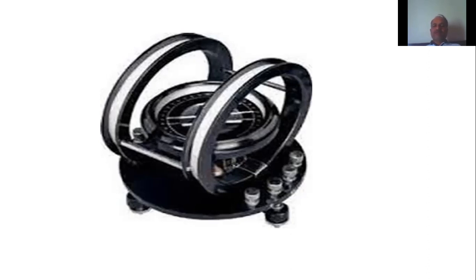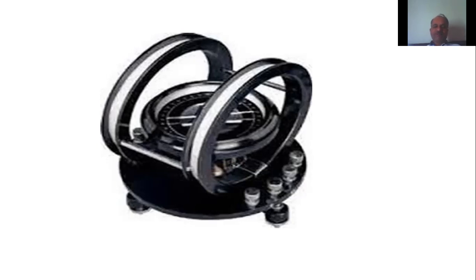Because of that reason, what happens? The magnetic field created by these two coils will be maximum at the middle. So at the middle here we have kept a compass or a magnet or a magnetometer.